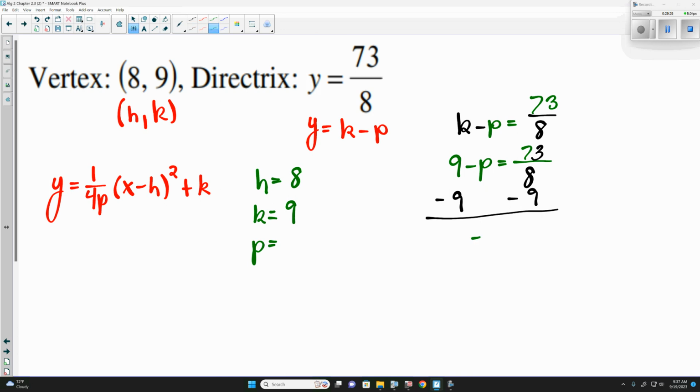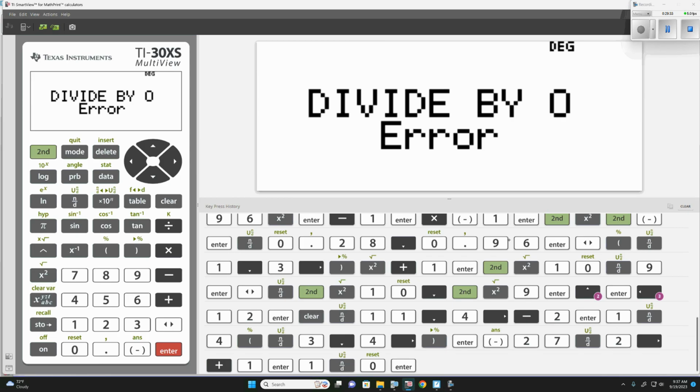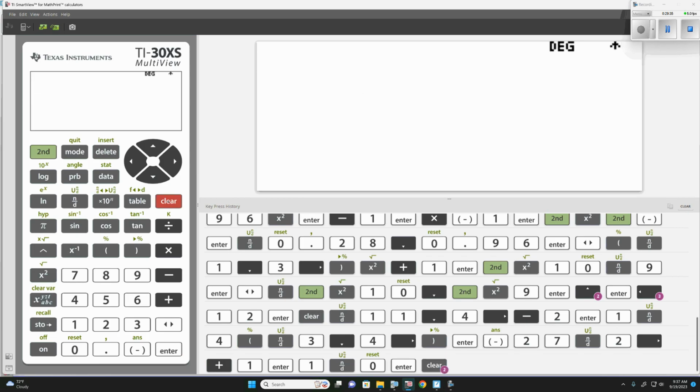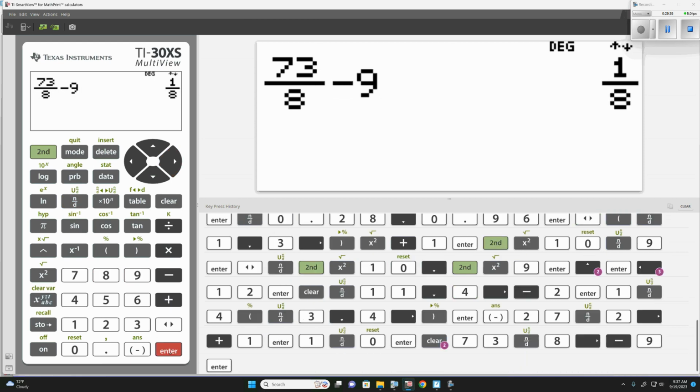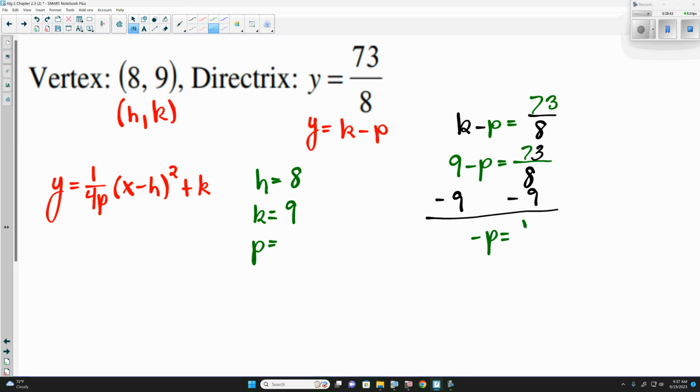Now for us here, we have that negative p is equal to 73 over 8 minus 9, which is 1/8. And lastly, we can divide by -1.